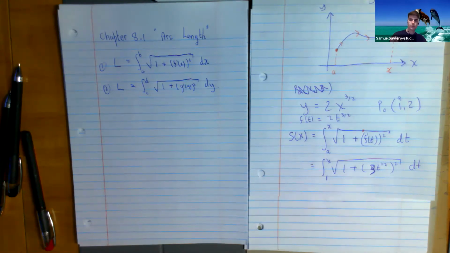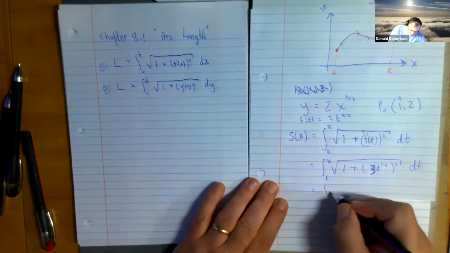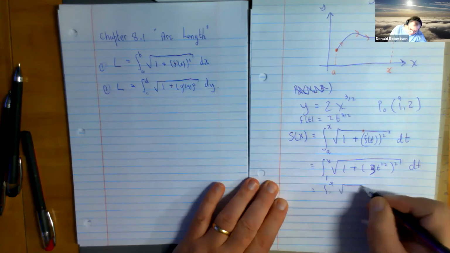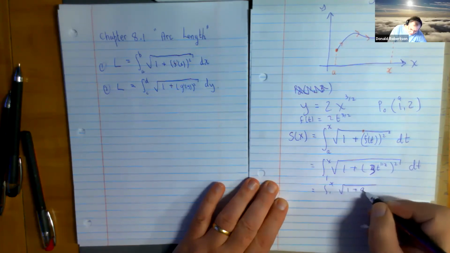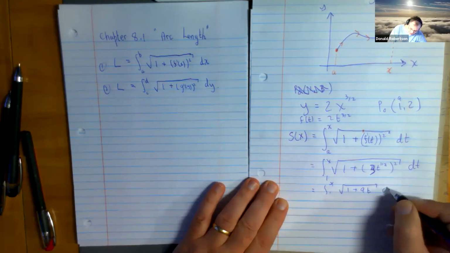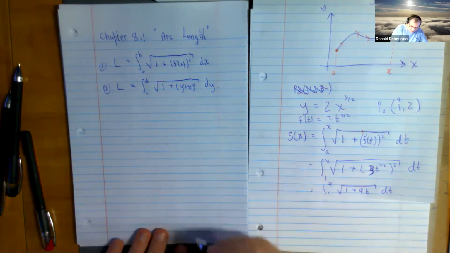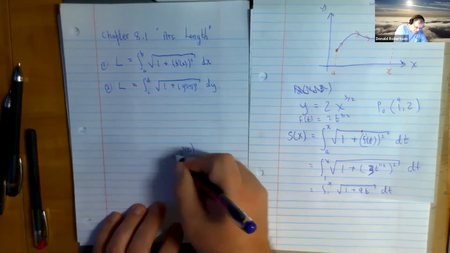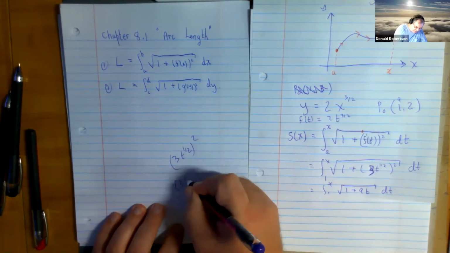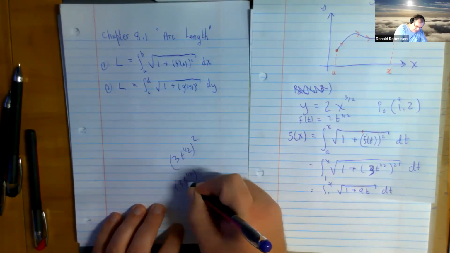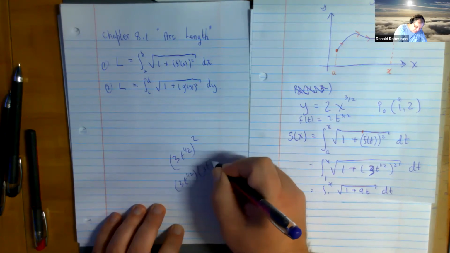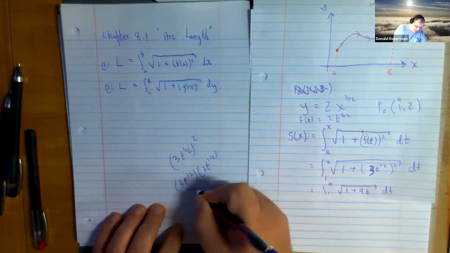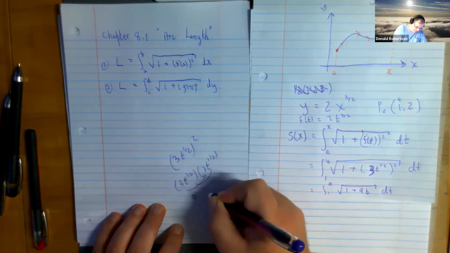Which now becomes the square root of 1 plus 9t. And if you're wondering where that came from, isn't 3t to the half squared 3t to the half times another 3t to the half? And the 3's get you 9, and these two guys get you t.